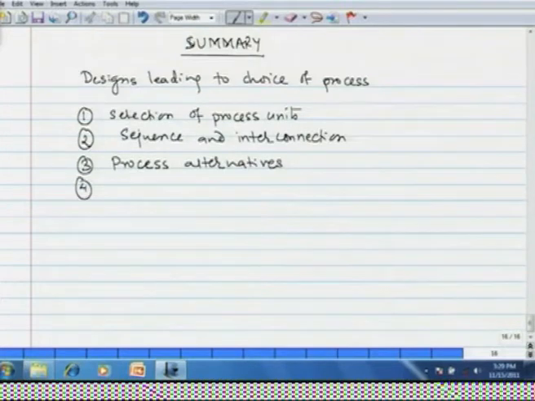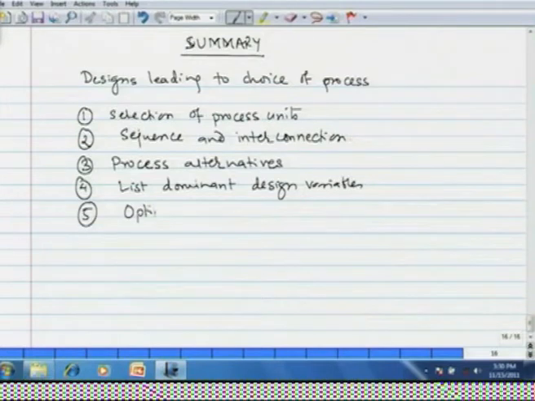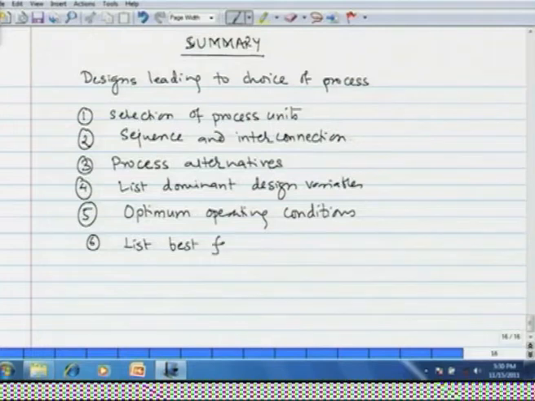Then we need to list the dominant design variables, then the optimum operating conditions, and on the basis of these criteria we have to assess the profitability of the process and list the best few process alternatives.